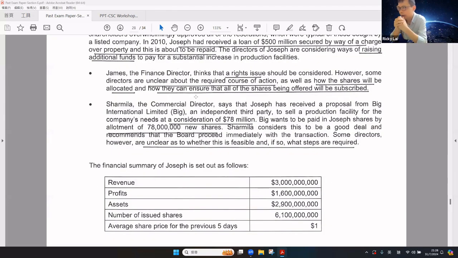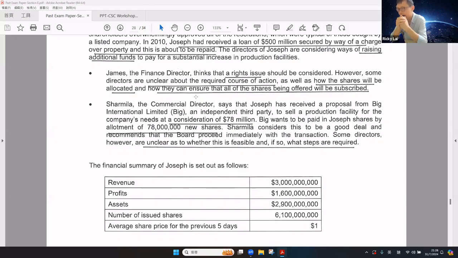The commercial director: the company has received a proposal from BIG, an independent third party, to sell a production facility the company needs at a consideration of $78 million. BIG wants to be paid by allotment of 78 million new shares.